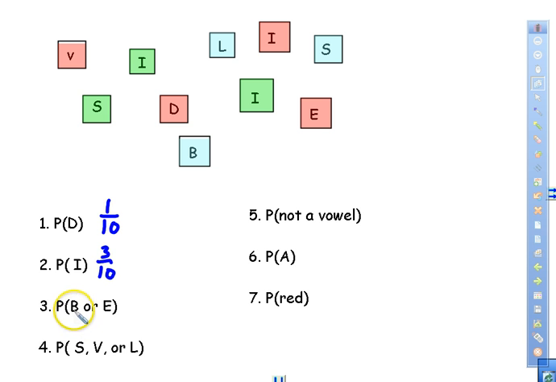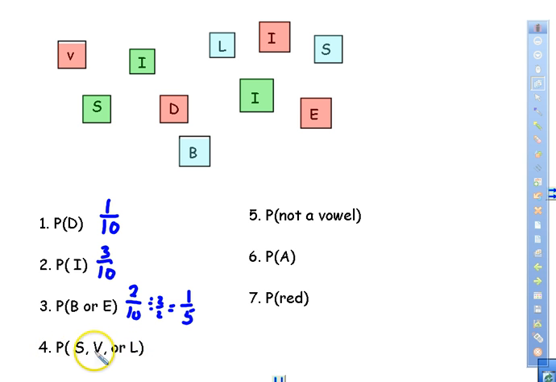Now this event says choosing a B or E. Since it's an OR, we are looking to see B or E. And there are 2 that are a B or an E. So 2 out of 10, which we can reduce by 2 to give me 1/5, 1 out of a 5 chance. Go ahead and hit pause, and I'm going to have you do the rest of those.